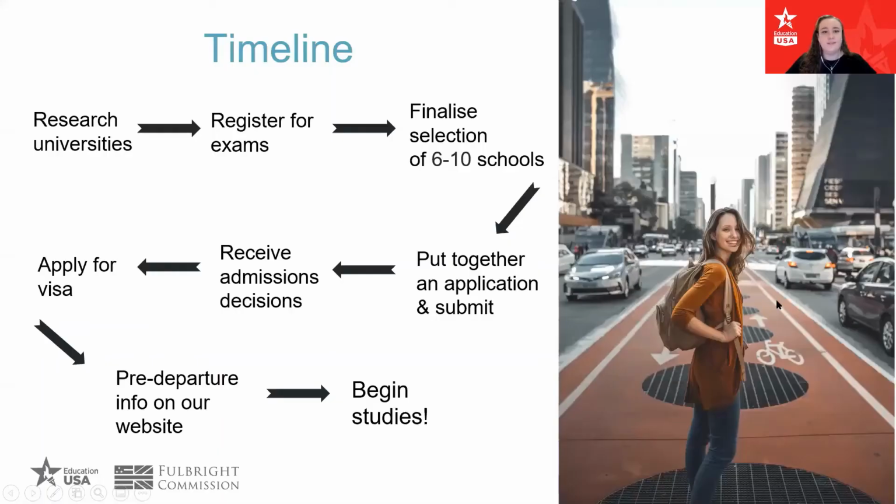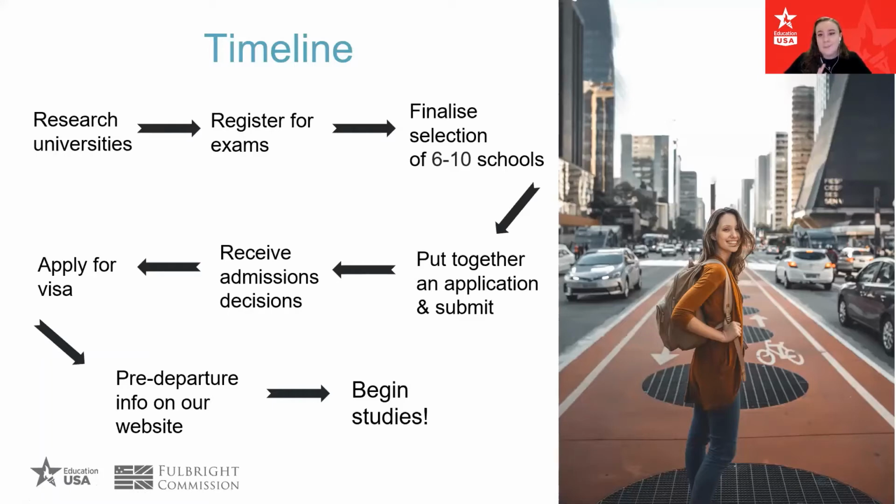Okay, so I'm now going to walk you through a little bit of a timeline that we often recommend students follow. And you can actually find a copy of a similar diagram on our website to help you through this. But we recommend that the whole process between researching and starting your studies should take somewhere between 1 year and 1.5 years.